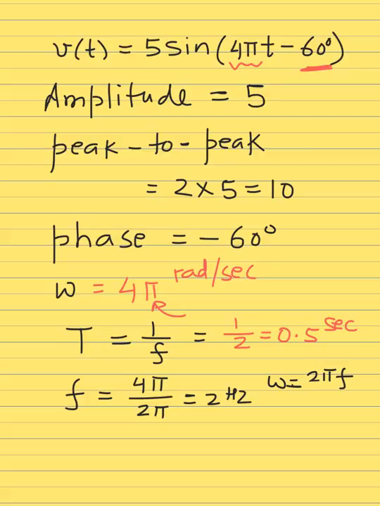Now we're going to be looking at phasors, which are used to represent AC signals. A phasor is a complex number that represents the amplitude and phase of a sinusoidal signal.